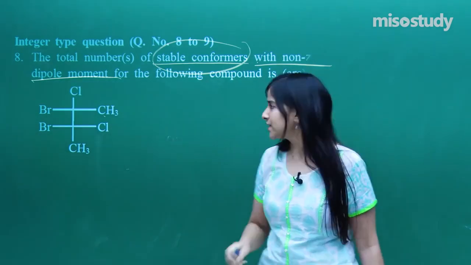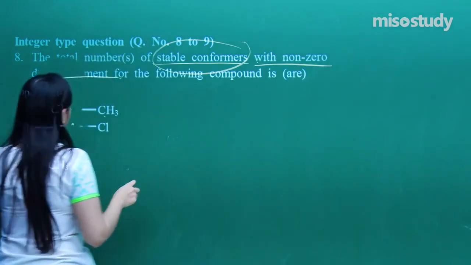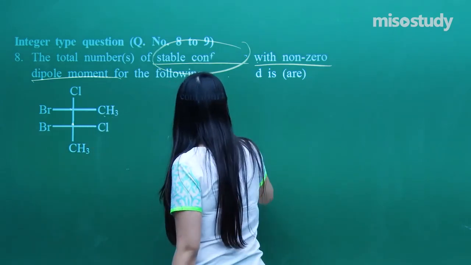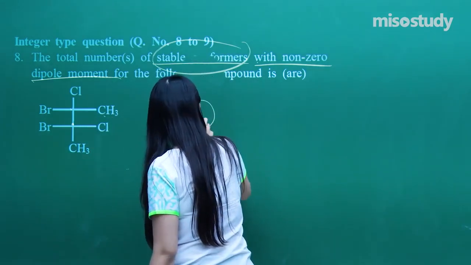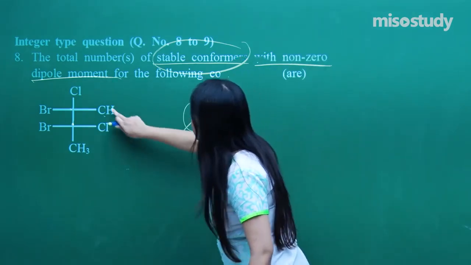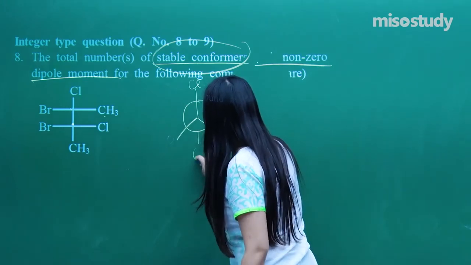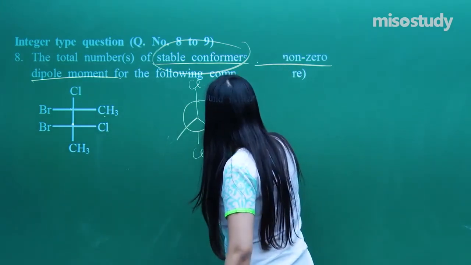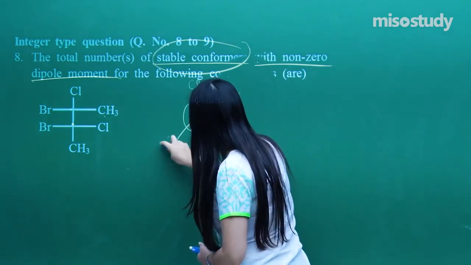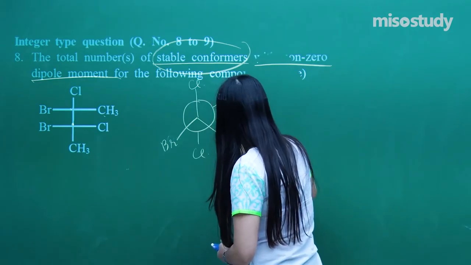So let us just draw that. I've got a compound, these are the two carbons here. Let me represent it somewhat like this. And what else? I've got chlorine, I've got bromine, I've got two methyls.